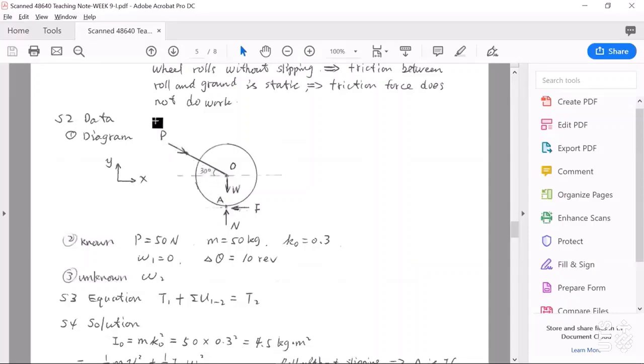Driven by this external force P, this wheel will be undergoing translation to right side like a block. So at this point, the direction of this friction force must be opposite. So it should be to left side.